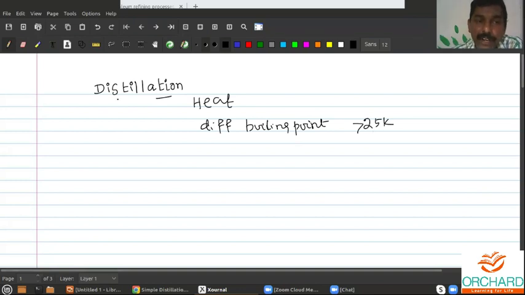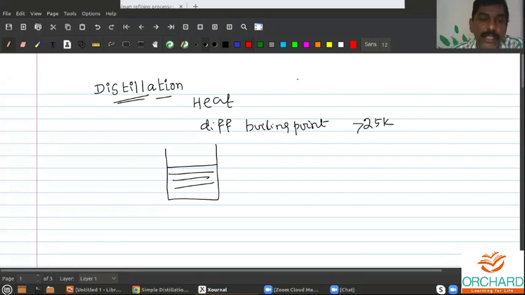Then we can go for the distillation technique. What do we do in distillation? You have a mixture of different liquids.